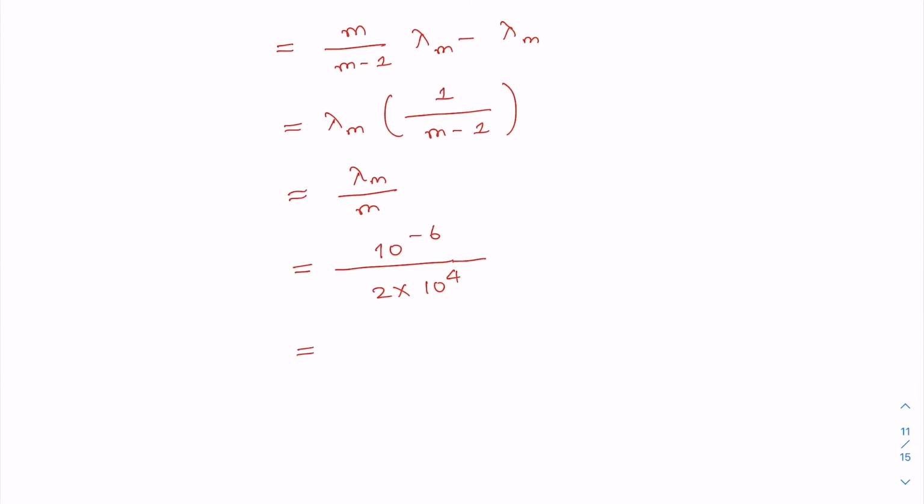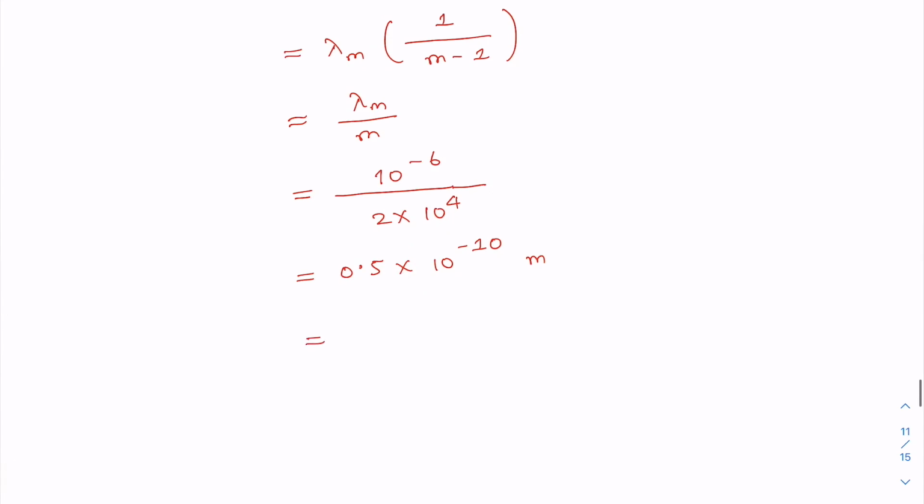And if we do this, we will get 0.5 into 10 to the power minus 10 meter, which I can write as 0.05 nanometer. So this is the required answer.